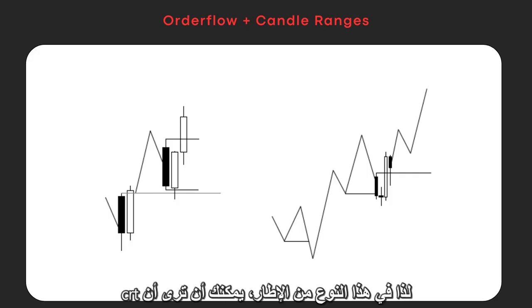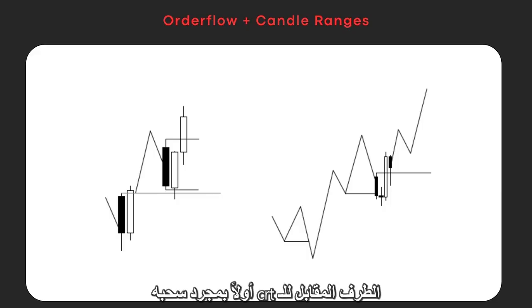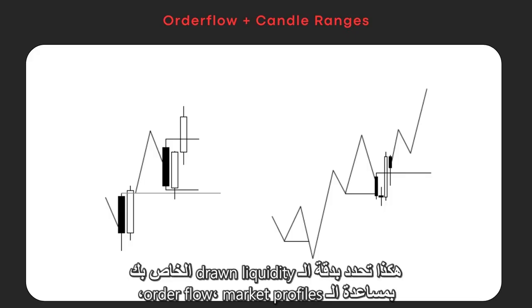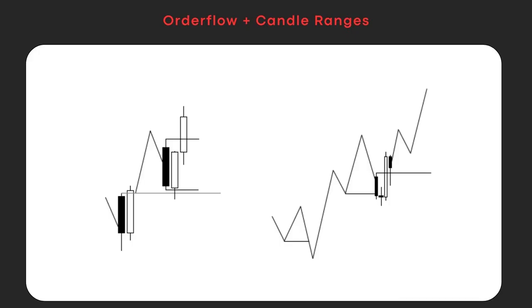So in this sort of framework, with the CRT, you're gonna target the opposing end of the CRT first once they are purged at key time, and then eventually target the highs. This is how you accurately determine your drawn liquidity with the help of order flow, market profiles, and its integration with candle ranges or CRT.